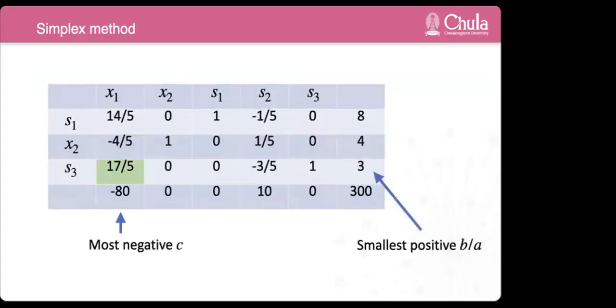What about this row? How to make this row to be 0? We multiply 3 by this line first, and then subtract with this line. And for the last line, the objective function, you multiply 50 by this one and subtract this. So it is rendered to this.